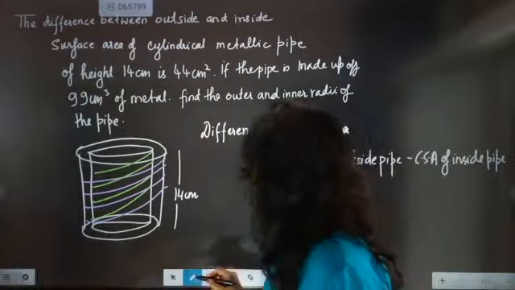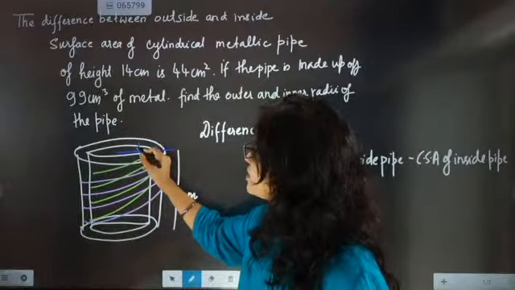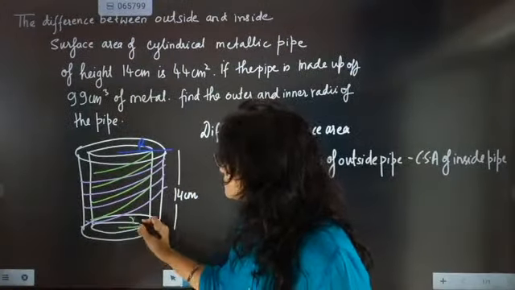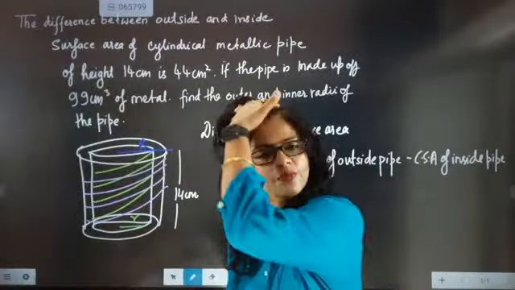Now outside radius we will take as capital R, and inside radius we will take as small r. Okay, outside radius is capital R, inside radius will become small r.